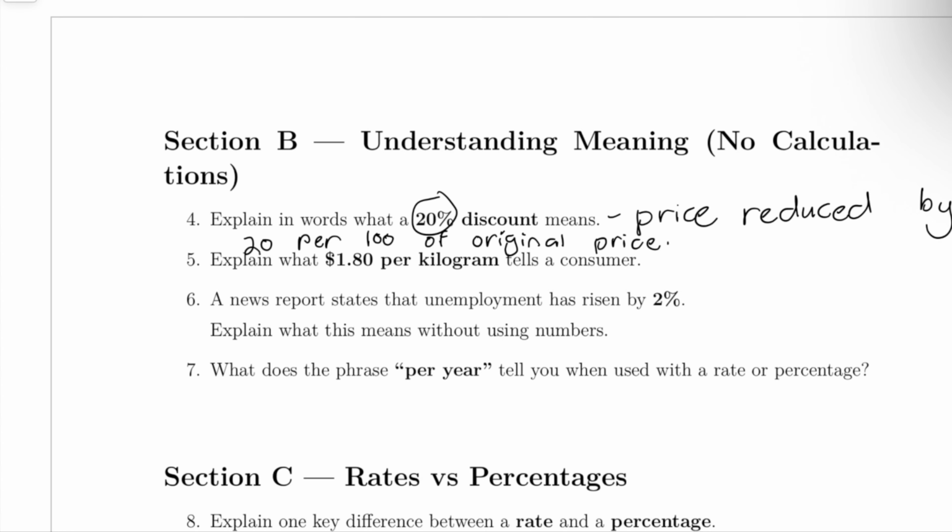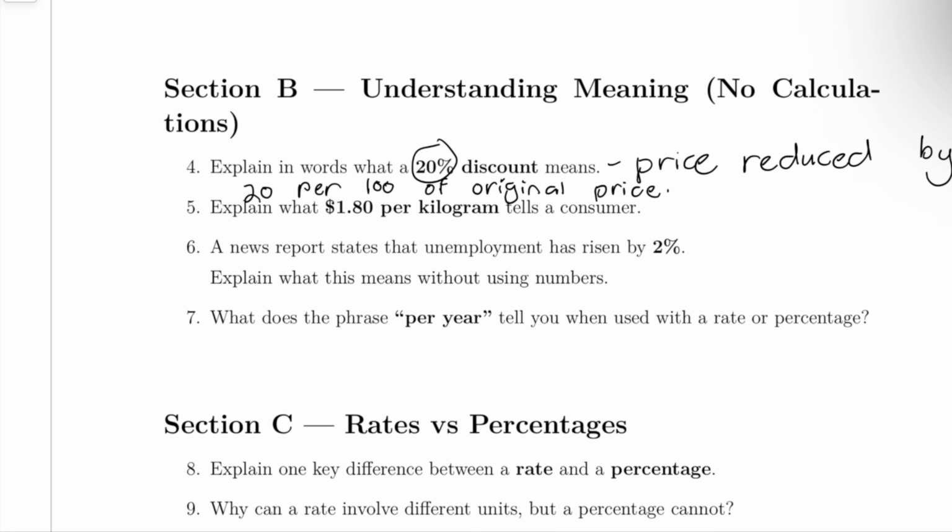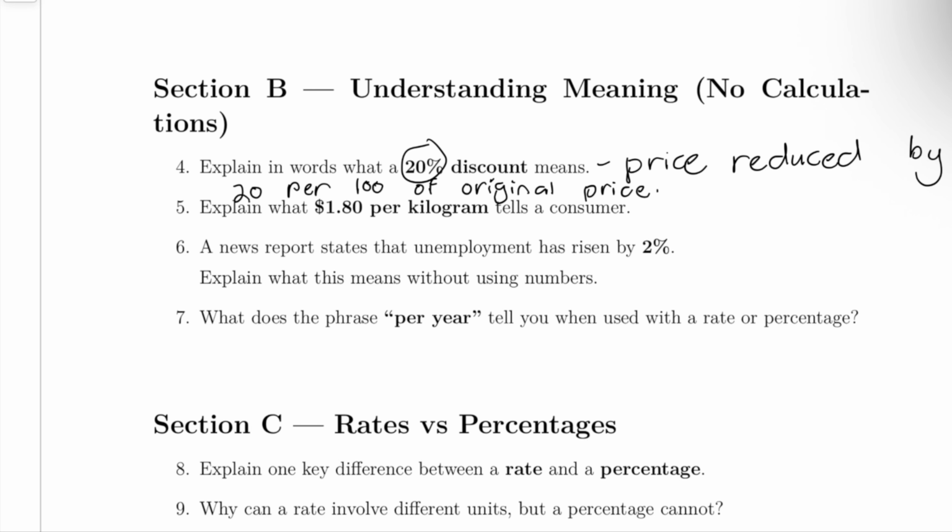Cool. So number 5, explain what $1.80 per kilogram tells a consumer. That's pretty straightforward. So it's a rate.